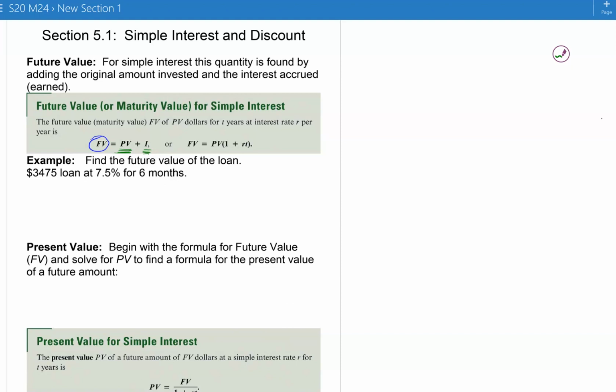But because interest was PV times R times T, we can factor out the PV and see that this is another version of the formula that's exactly equivalent, just whichever one you prefer to use.